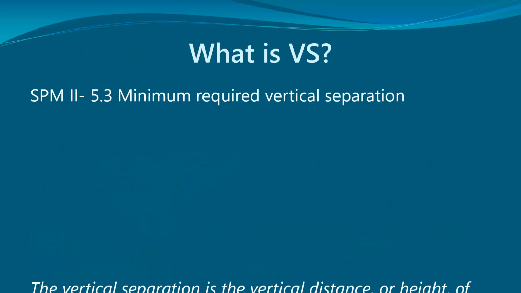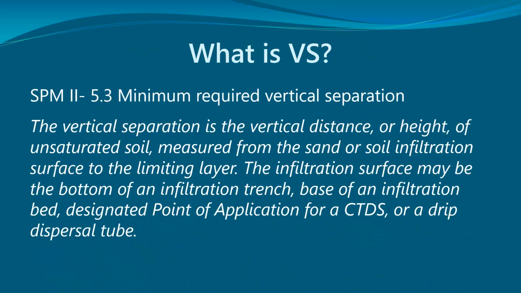So maintenance providers need to check vertical separation. We saw that at the beginning of tonight's webinar. And we need to be sure we understand what that is. Sadly enough, a lot of people don't. It's the height or the depth of unsaturated soil from the infiltration surface to the limiting layer.